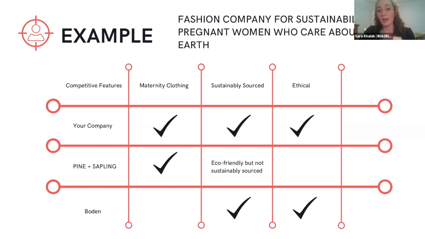But we have a little bit of a competitive edge. Bowden is a sustainably sourced clothing company, but they are not maternity. They don't have maternity clothing. So that's how we might do a competitive analysis to really highlight our strengths as an organization. All right, any questions before I move on?